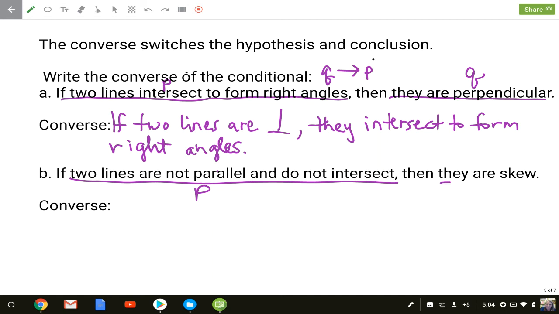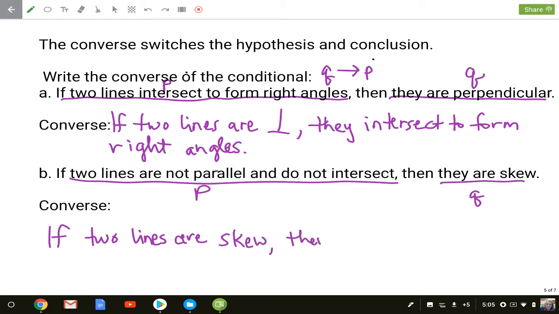They are skew is the conclusion. So I'm going to swap these and say: if two lines are skew, then they are not parallel and they do not intersect.